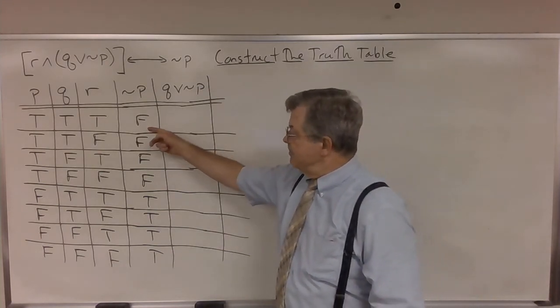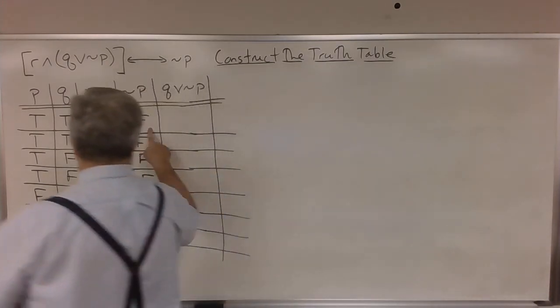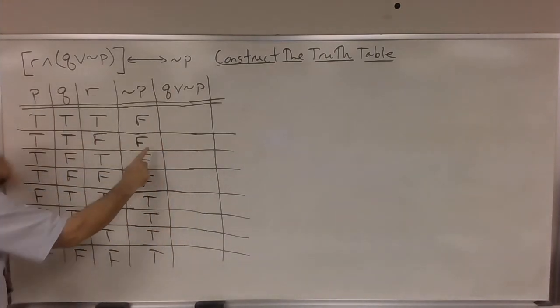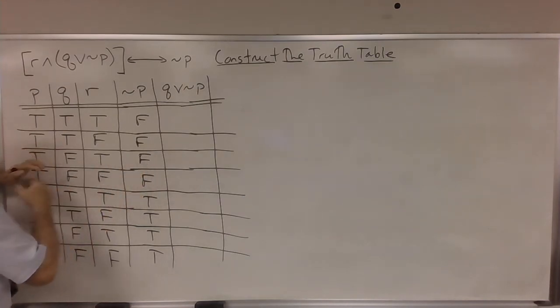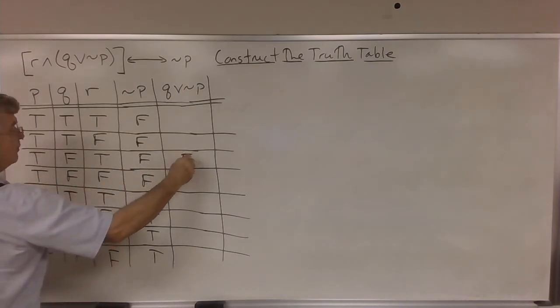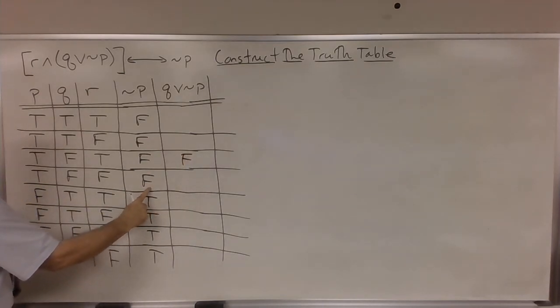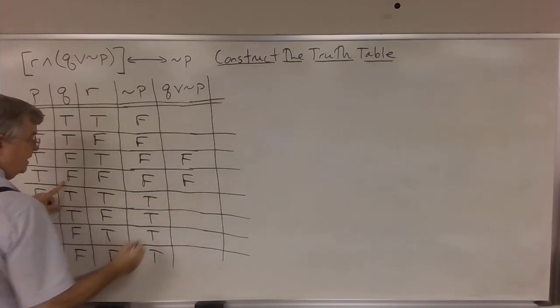Well, not P is false here, but Q is true. Not P is false here, but Q is true. Not P is false here, Q is false, okay. They're both false. Not P is false here, Q is false here. They're both false again.